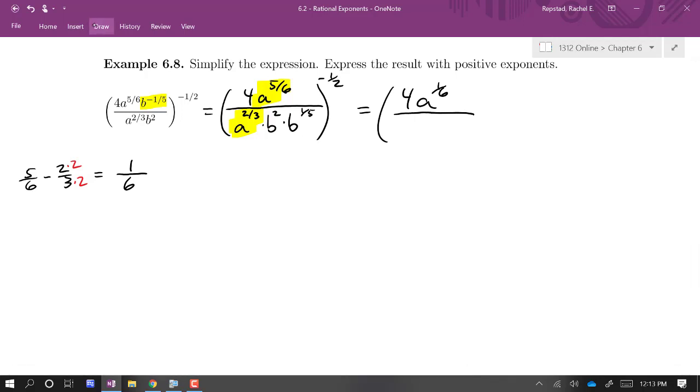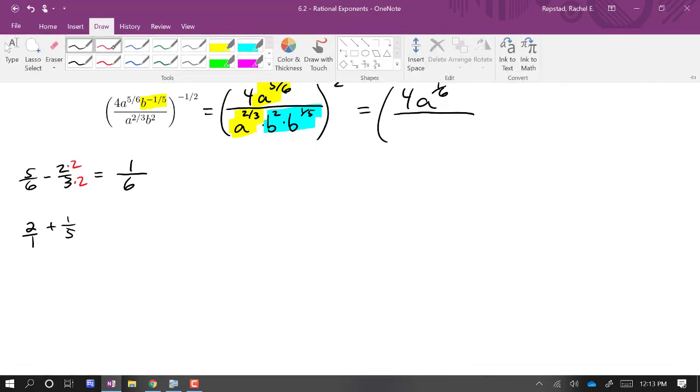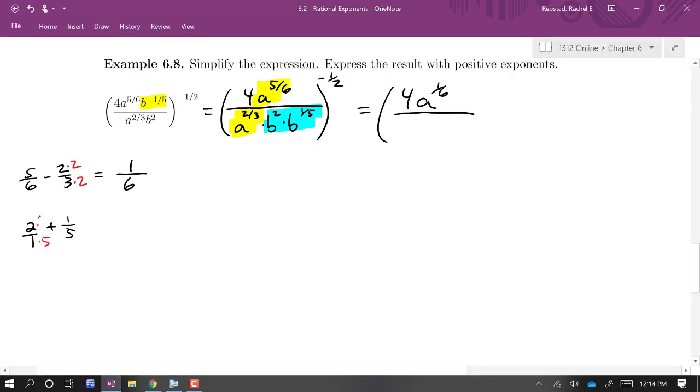In the bottom, I've got a product, so I can add those exponents. 2 plus 1/5, that's 2 over 1 plus 1/5. We'll get a common denominator. And that is going to be 10 plus 1, or 11/5. So that's b to the 11/5. This is all raised to the negative 1/2 power.